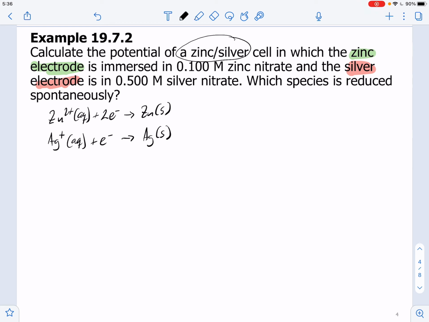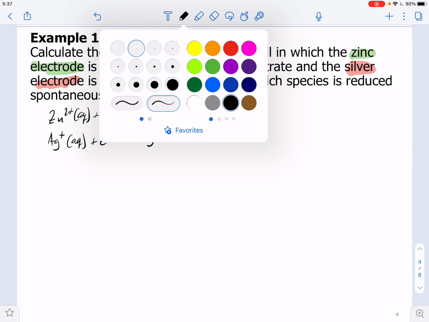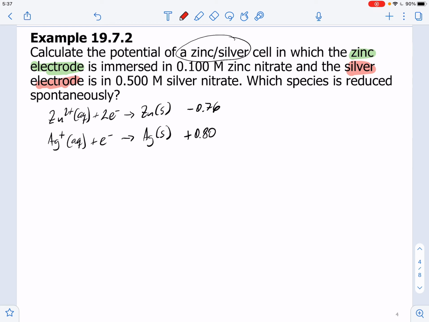Okay, so what is the overall reaction here? The potential of the zinc half cell is minus 0.76 and the potential of the silver half cell is plus 0.80. So silver is the actual reduction reaction, and zinc will happen as an oxidation reaction. You are reducing silver and you are oxidizing solid zinc.